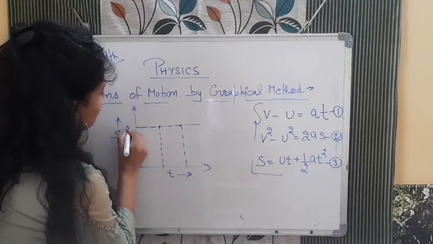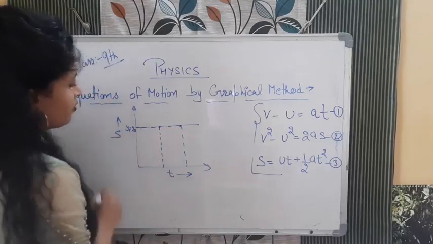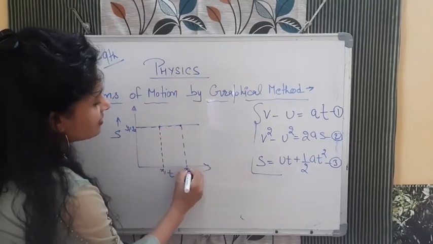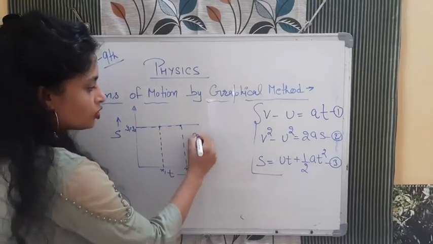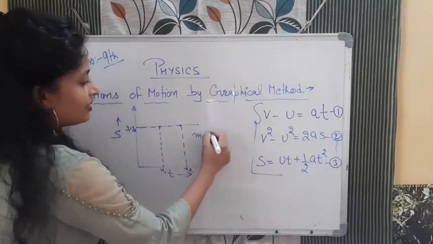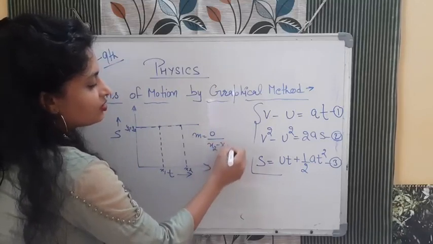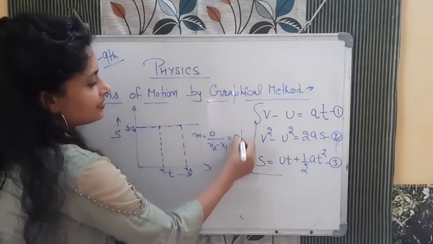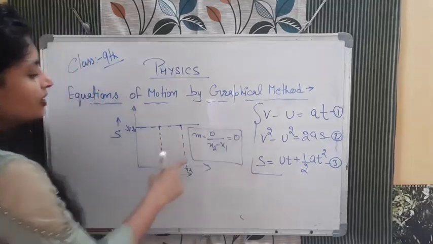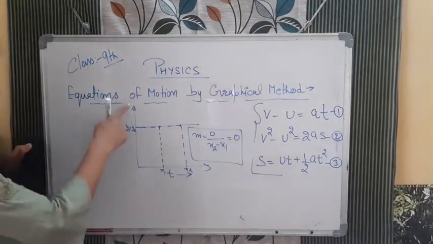You will see that y1 and y2 are at the same point, and here are x1 and x2. When you calculate the slope m, y2 minus y1 is 0, divided by x2 minus x1. 0 divided by anything is 0. So in this case the slope is 0, or simply the speed for this graph is 0.